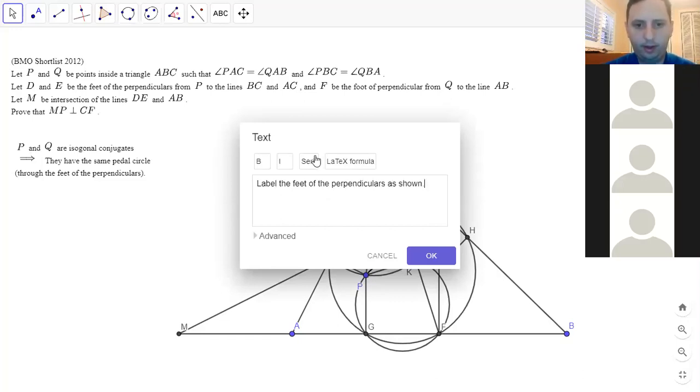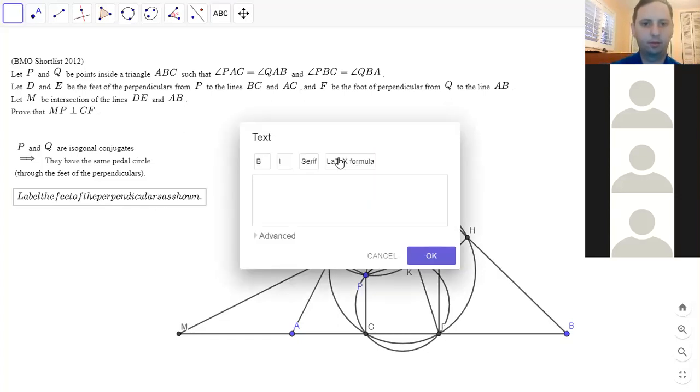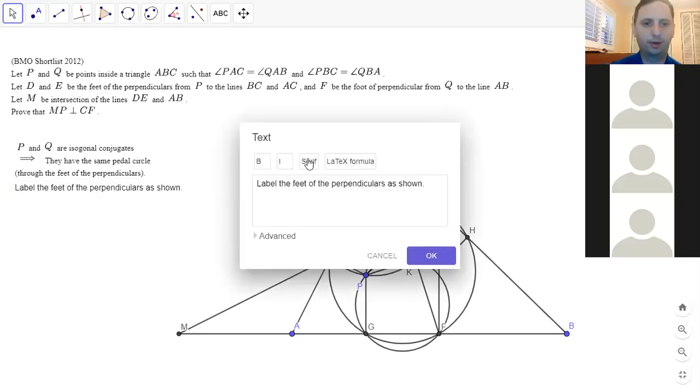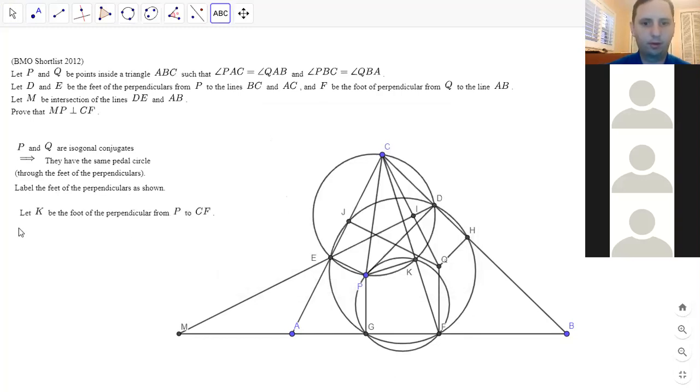And let K be the perpendicular from P to CF. Whoops. Oh, but I want it to look that way. Yeah. Okay. And we get two cyclic quadrilaterals, and then we can use the radical axis theorem, and that solves it.